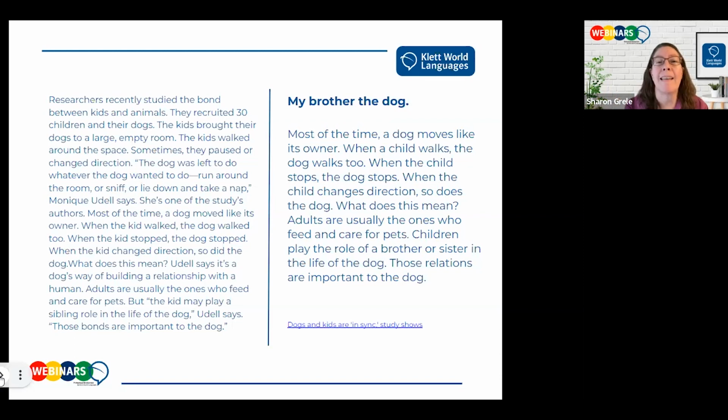We took that main idea that dogs are more like siblings to kids, and that's what the study revealed, that adults do the care things and children are their siblings. We added a title as well, which helps you understand what this text is about, but we kept pretty much the text the same, just chunking it and changing a few words to make it more user-friendly.